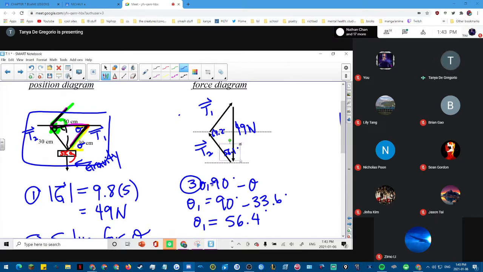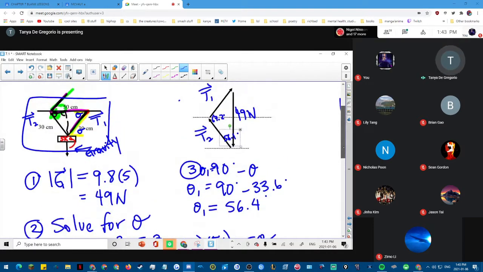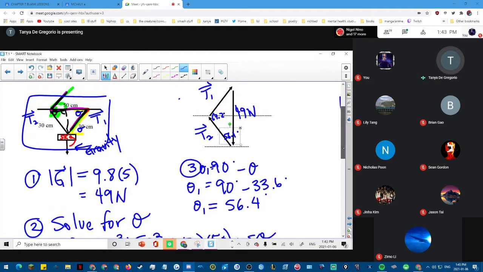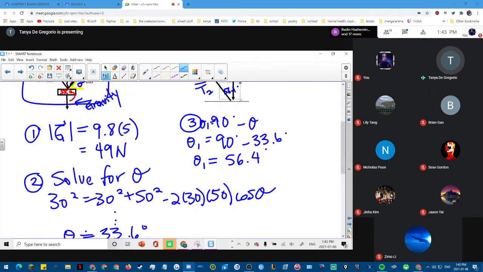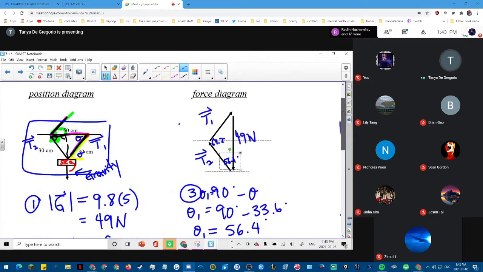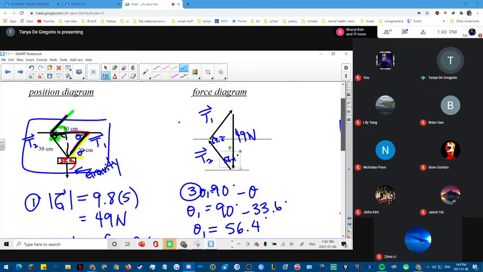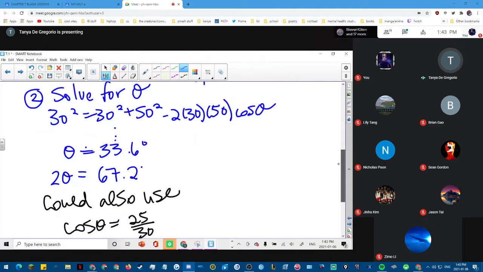Okay, what do you think now? Now can I solve? Do I have enough information now to solve for tension 1 or tension 2? I do. I can use the sine law now. I have enough information. I have my angles and one side length, 2 angles and one side. So it doesn't matter if you solve for tension 1 or tension 2.